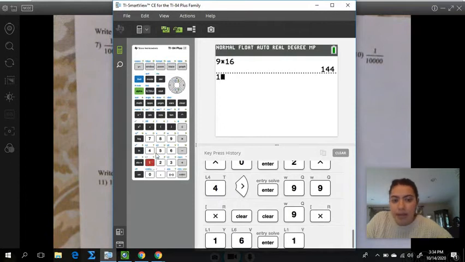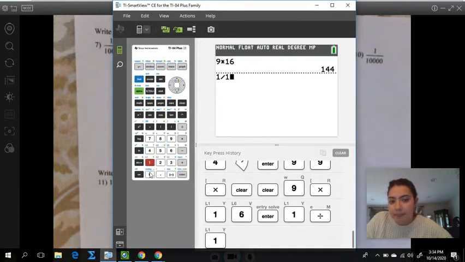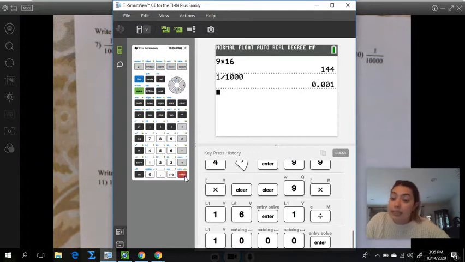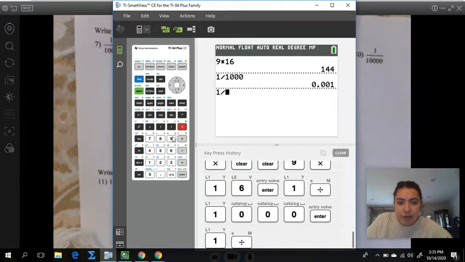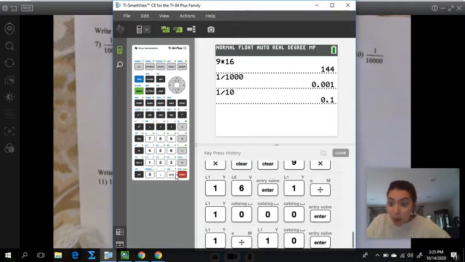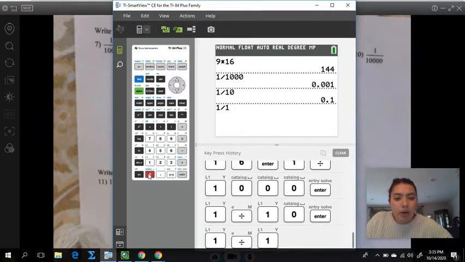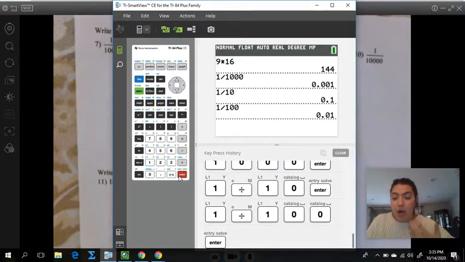So if we have 1/1000th, so 1 divided by 1000, that is 0.001. Now, let's take a look at some of these numbers first. 1 divided by 10 is 0.1, so a tenth. 1 divided by 100 is 1/100th, so 0.01.